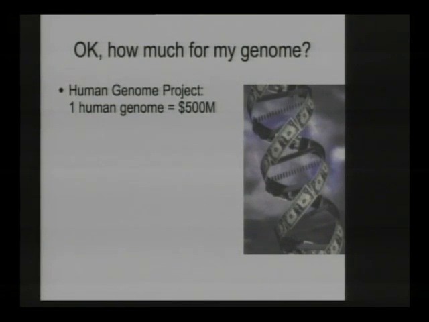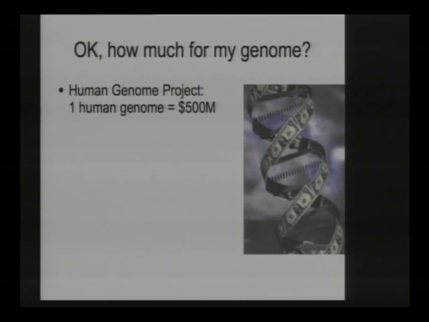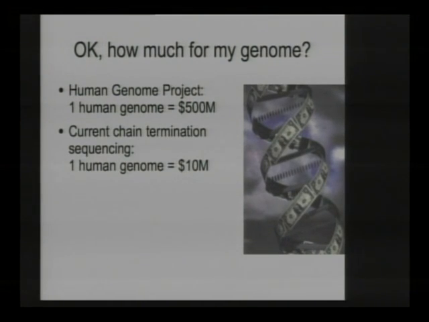Well, the Human Genome Project cost all in all about $500 million for one genome. The method invented by Sanger, the chain termination method, which was used there, is still available, of course. Also, we threw all the machines out right now.